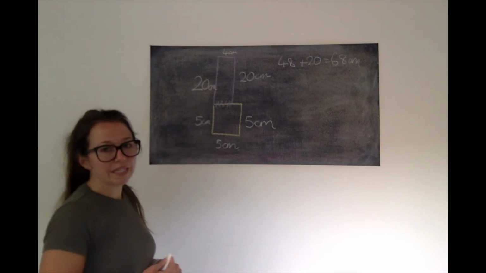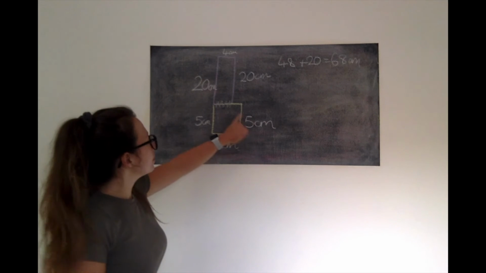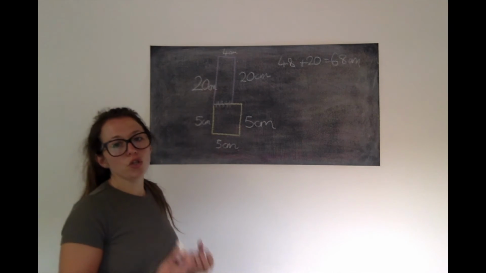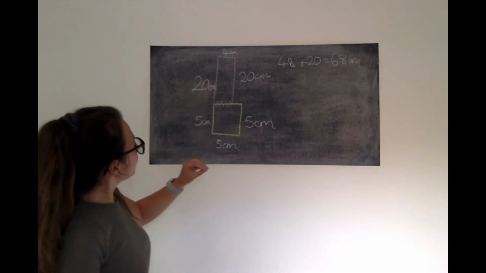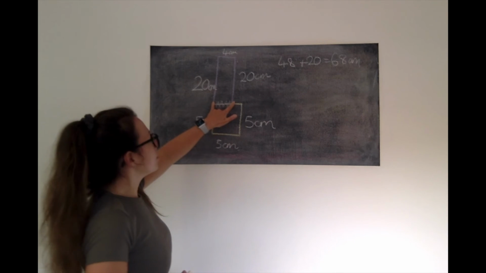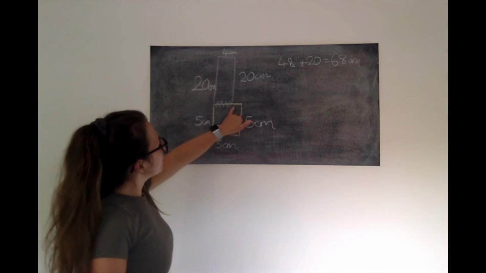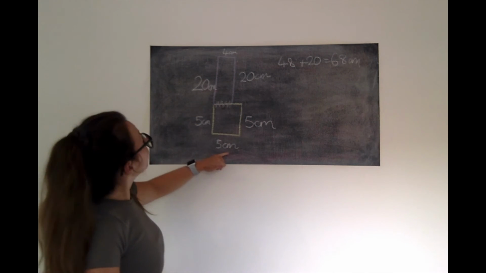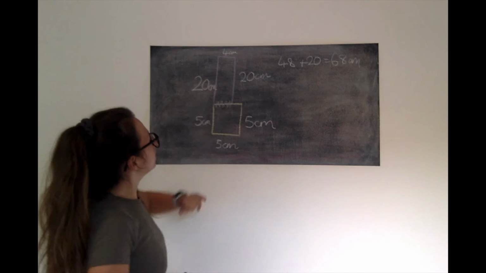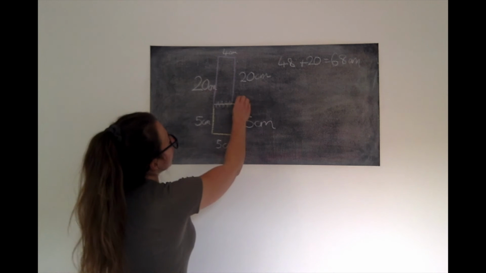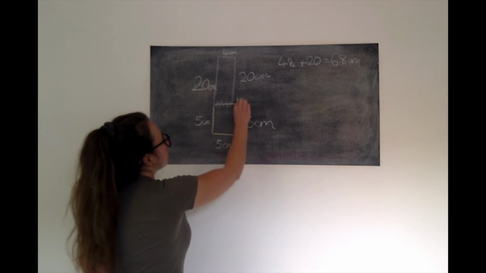So I don't need to count them because remember the perimeter is the outside distance. However, there is a new distance that's being created. Because this is 4 centimetres and this is 5 centimetres, there's a little bit of a gap here. And I can work out that that must be a 1 centimetre gap because this is 5, that's 4, so this should be 1 centimetre.